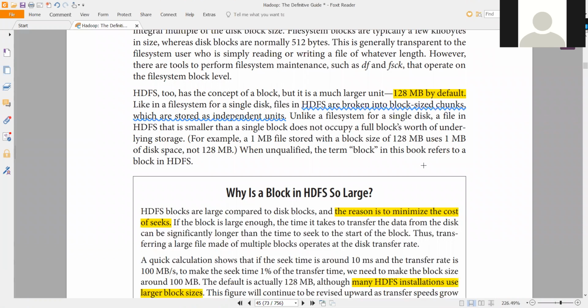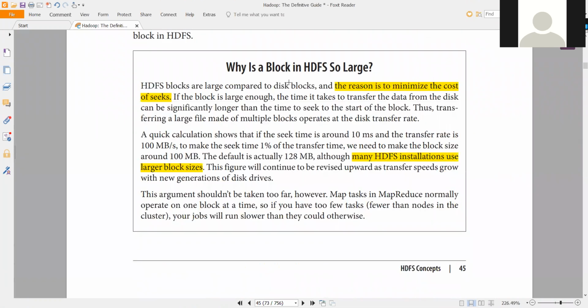So we already explained why the HDFS block is so large. Second, what's the benefit?